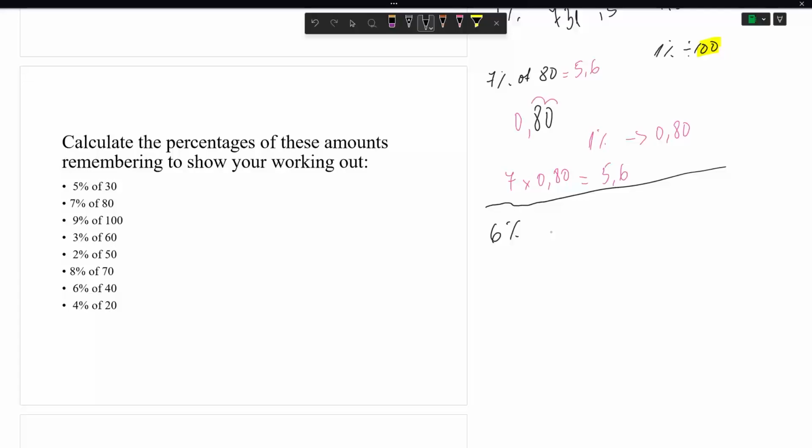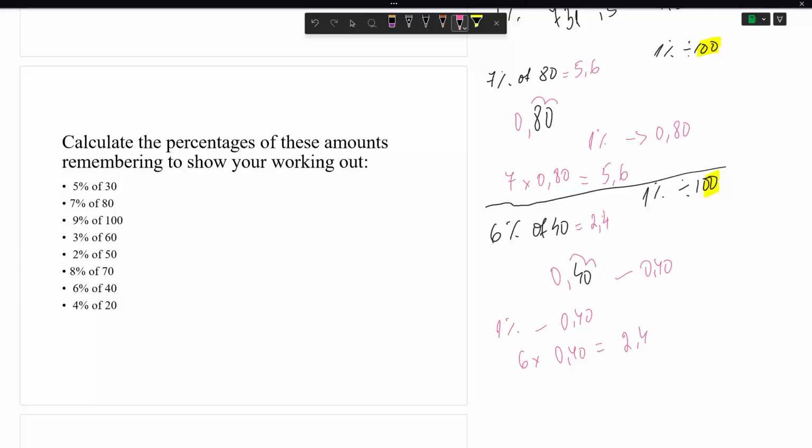In 100 we have 2 zeros, so our number is 40, and you start counting your 2 zeros from the back, 1, 2, you put your decimal point, so it's going to be 0.40. So we found 1%, which is 0.40. Then we simply multiply 6 times 0.40, which is 2.4. So 6% of 40 is 2.4.